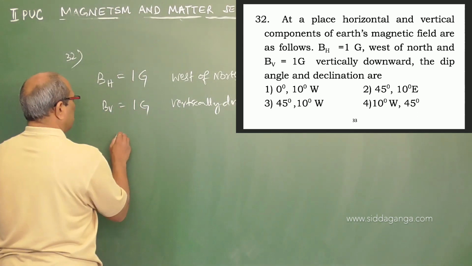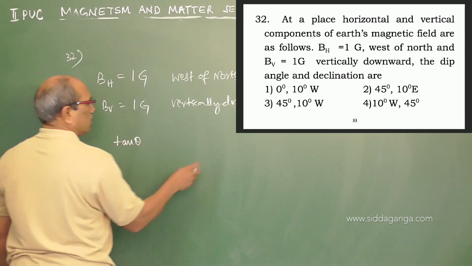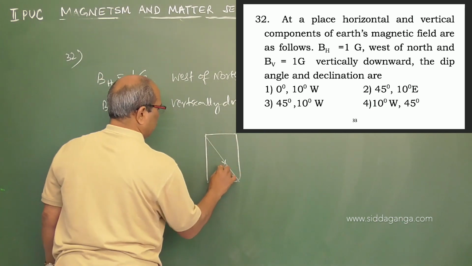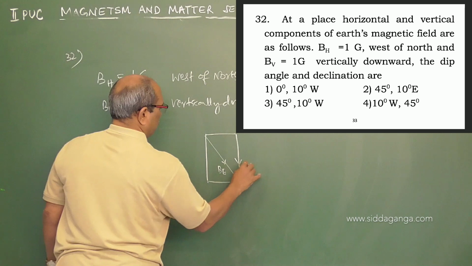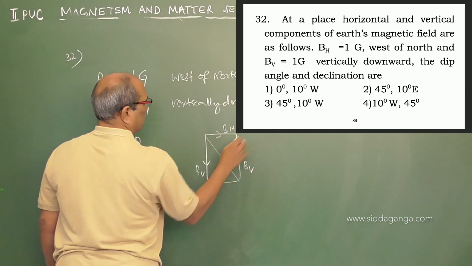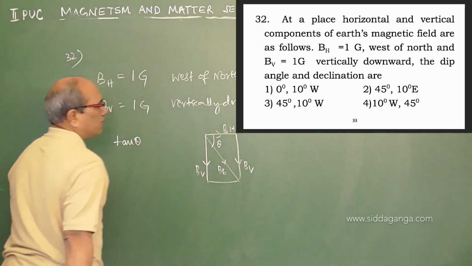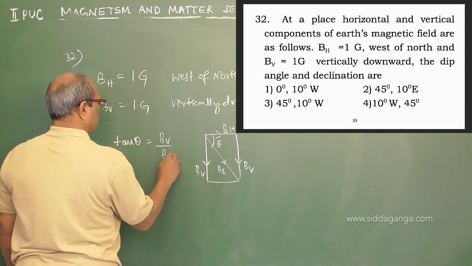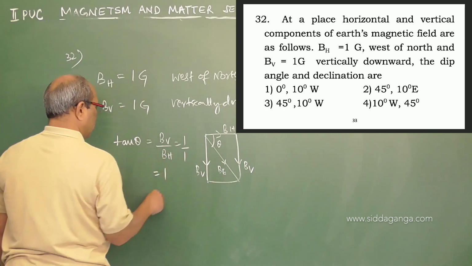Dip, if you want tan theta, in the magnetic meridian it is the direction of the earth's field, BV and BH, and this is theta. BV by BH gives you tan theta. Here it is 1 by 1, which is 1.